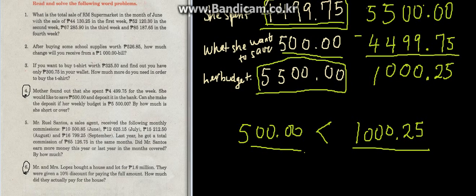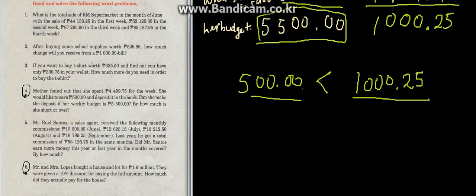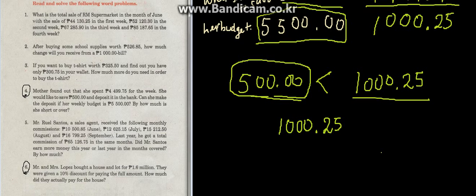But now we want to know how much she is over. How much more money does she have? Basically, how much money will she have after she saves this much money, after she puts this much money in the bank? If we want to find that out, what do we have to do? Okay, let me write down the numbers first.